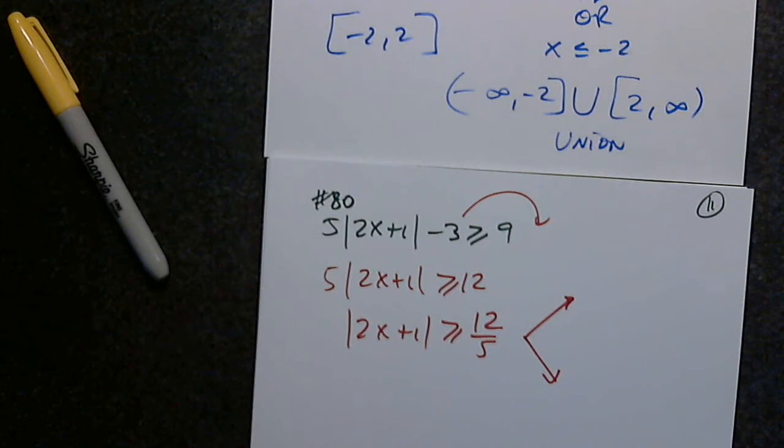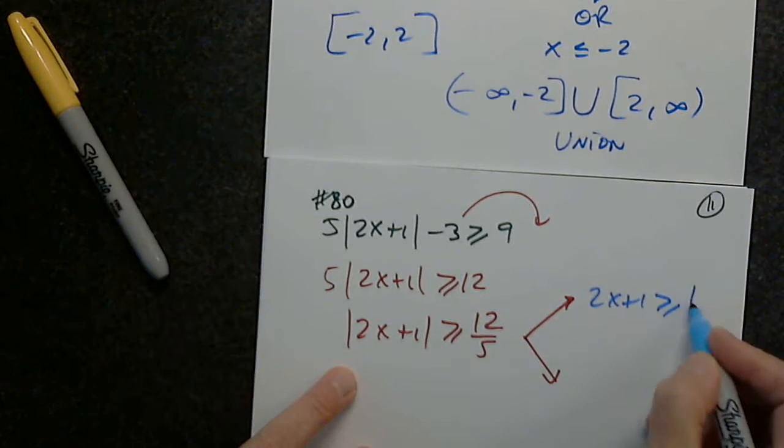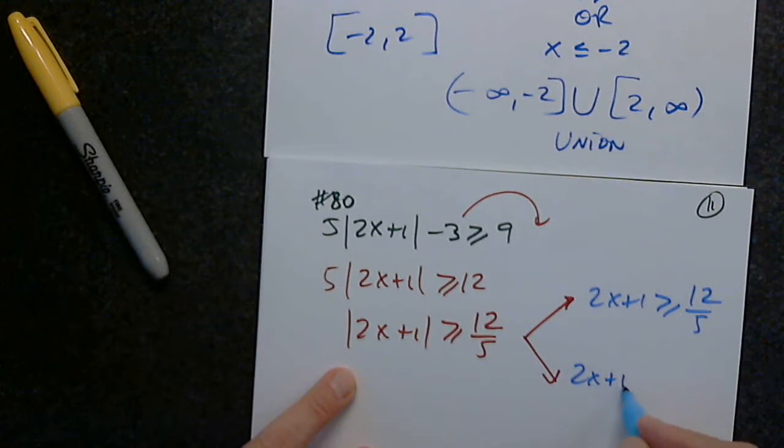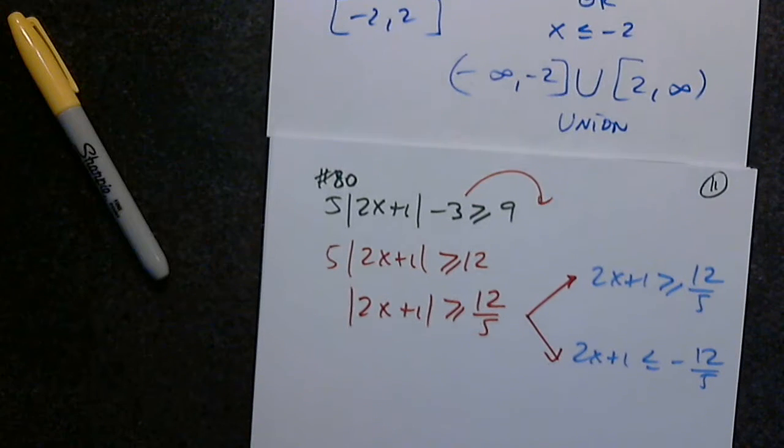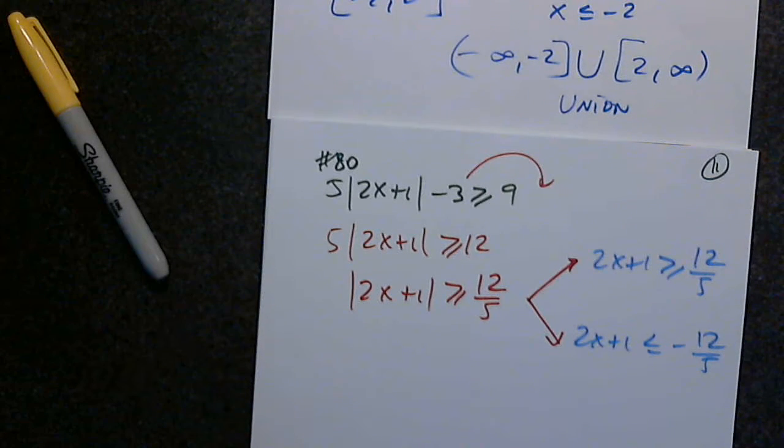And they are 2x plus 1 is greater than 12 over 5, and the other one is 2x plus 1 is less than negative 12 over 5. Excellent. It's the outside. Greater than or equal to 12/5, but less than or equal to negative 12/5, and you cannot include anything between negative 12/5 and 12/5.